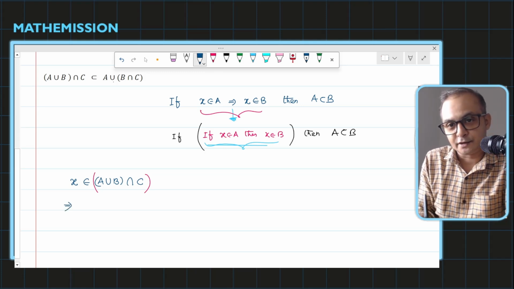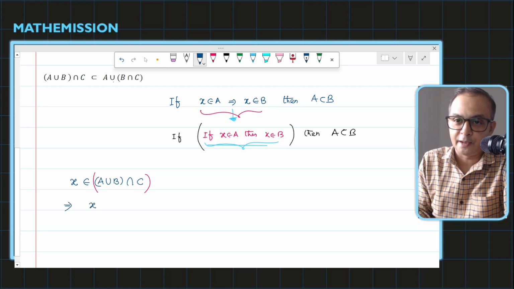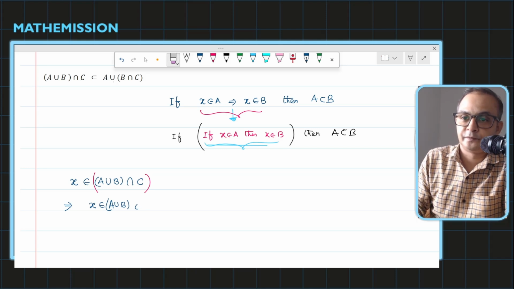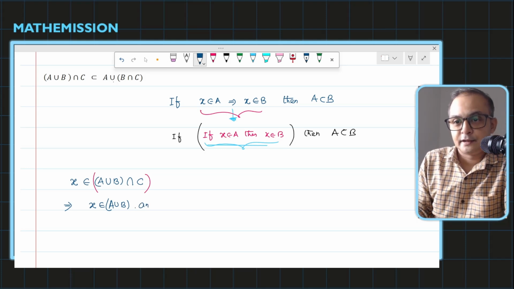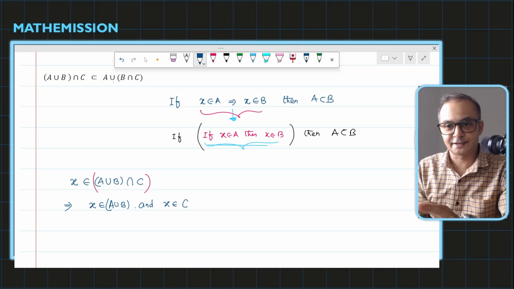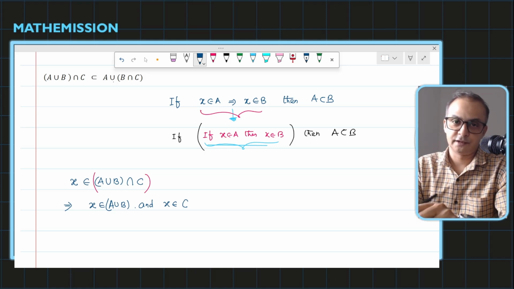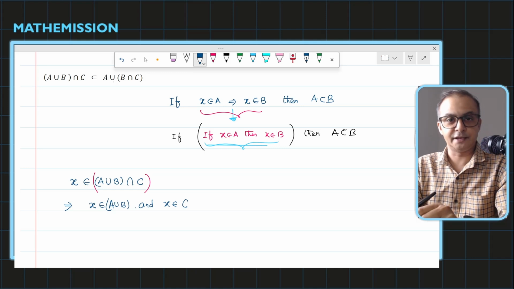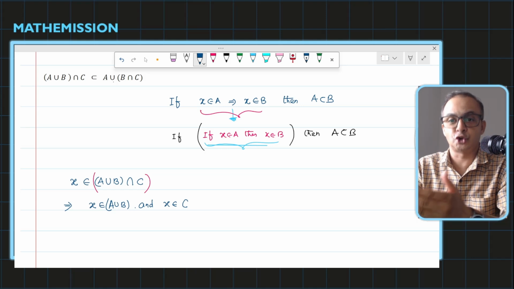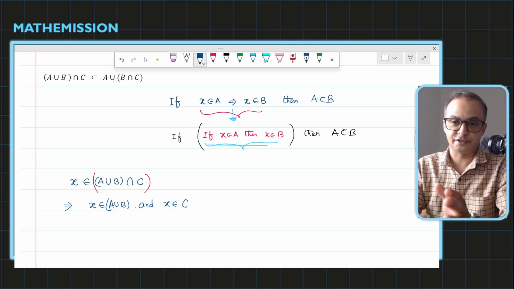If you just decode it, it means that I'm saying that x belongs to A union B, that one set, and x belongs to the second set C. So when you say intersection, it means the x is lying in both of the sets. So x must be inside A union B and it must be inside C. Then only it should be A union B intersection C.